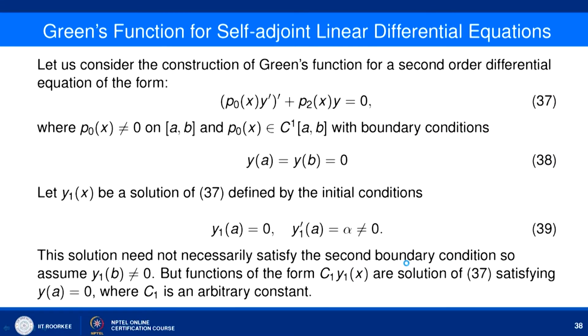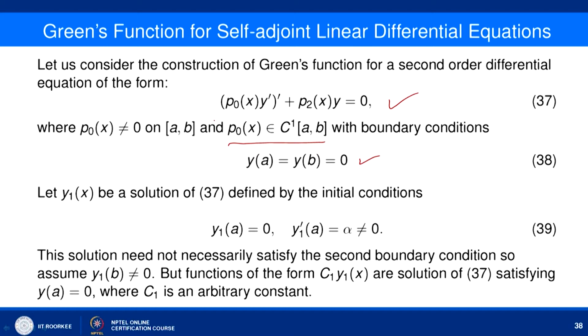Now let us construct the Green function for a self adjoint linear differential equation. Let us consider the construction of the Green function for a second order differential equation of the form (p naught x y dash) dash plus p 2 x y equal to 0, where p naught x is non-zero on this interval [a, b], and p naught x is a C1 function, meaning continuously differentiable, with the boundary condition that y of a equal to y of b equal to 0.